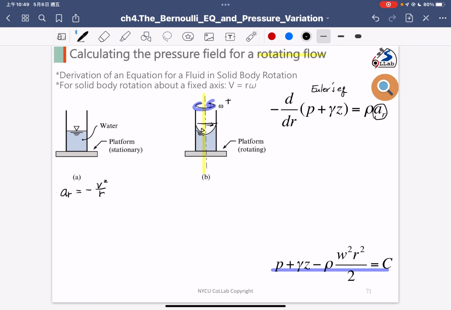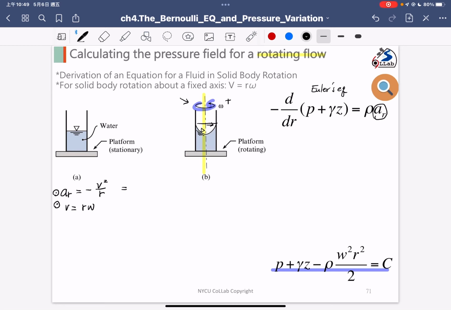And here our omega is positive, so V is directly equal to r omega, because in our case it is a positive rotation.